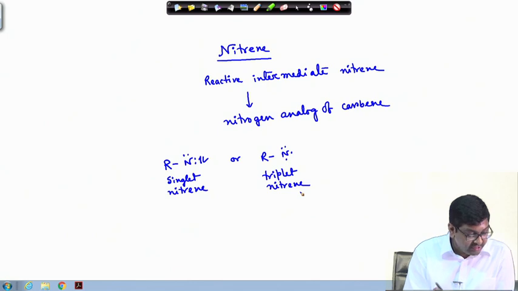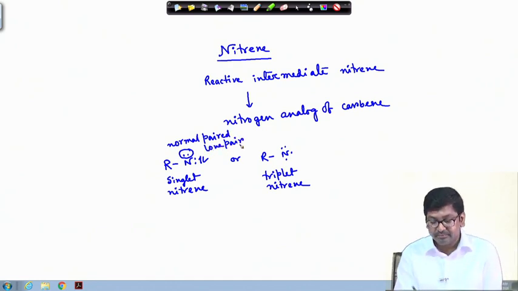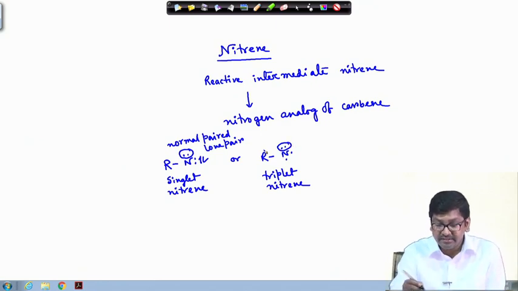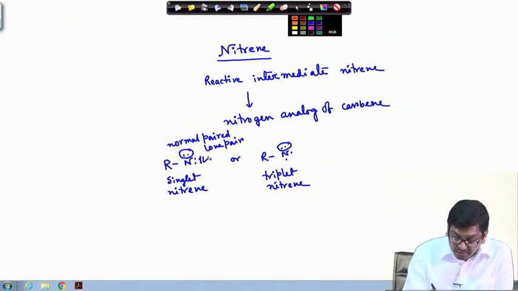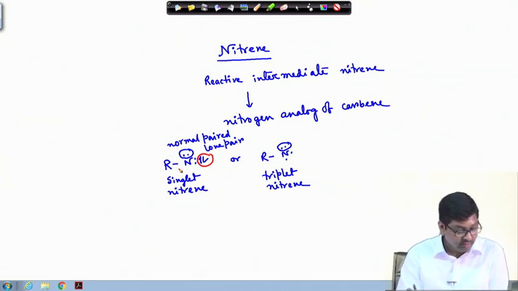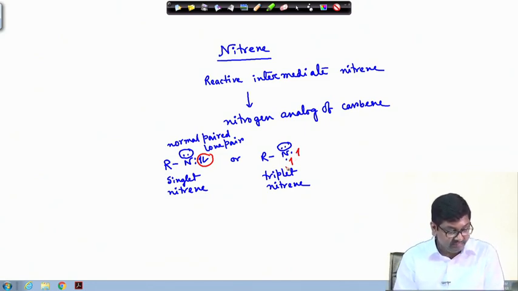Nitrogen has its own lone pair, the normal paired lone pair. Here also the same thing, whereas there are these two electrons that either could be paired up or they can stay like this as a triplet nitrene.